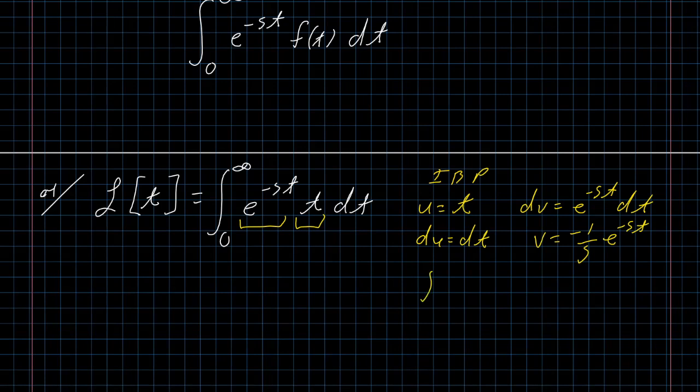Then the integral of u dv is equal to uv minus the integral of v du.